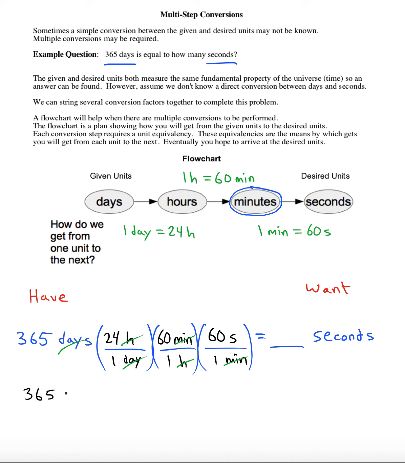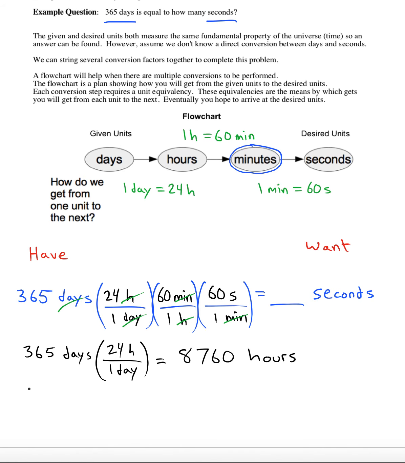So interestingly, if I do just the first step, I'll find that there are 8,760 hours in 365 days.